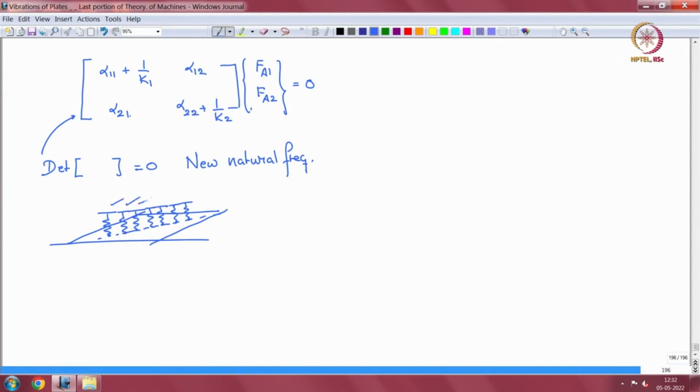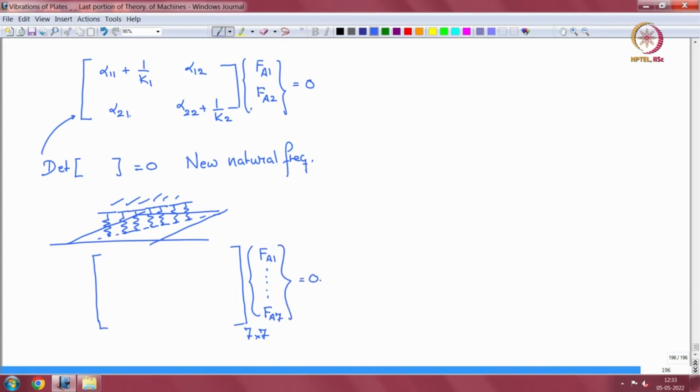One, 2, 3, 4, 5, 6, 7. Then I will have a 7 by 7 matrix now, and Fa1, Fa2, through Fa7, that is equal to 0.